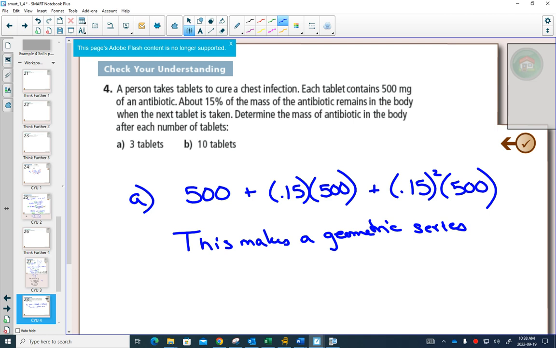If you added a fourth tablet, the third tablet would be reduced. The second tablet would be reduced. The first tablet would be reduced even more. And if your body is always leaving a little bit left, this also explains how they do drug tests for the Olympics. Even though you've taken a drug and it was a long time ago, a trace of it is still left in your body.